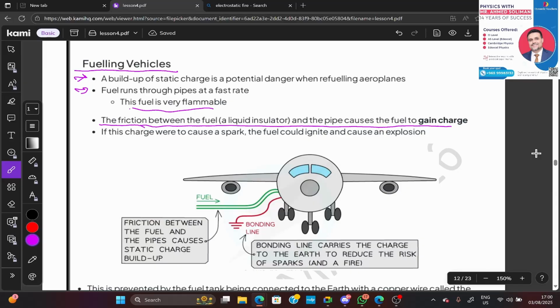Yes, so it will cause the charging of the fuel and also of the object, the car itself. And they have opposite charge. One will be positive, one will be negative. Now, if this charge were to cause a spark, what happens? The fuel could ignite and cause an explosion.